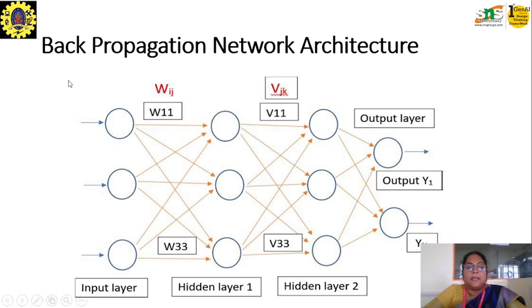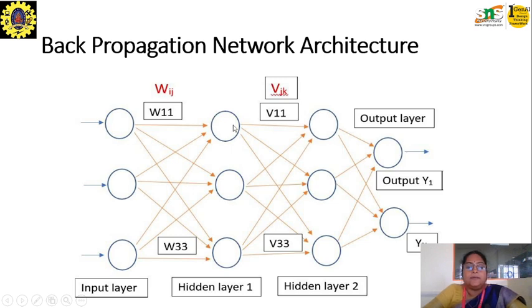The weight of this layer is denoted as Wij. Each input has a weight associated with it, so the weight Wij into the inputs x1, x2 or x3 plus the bias value will be added, and that will be transmitted to the next layer.